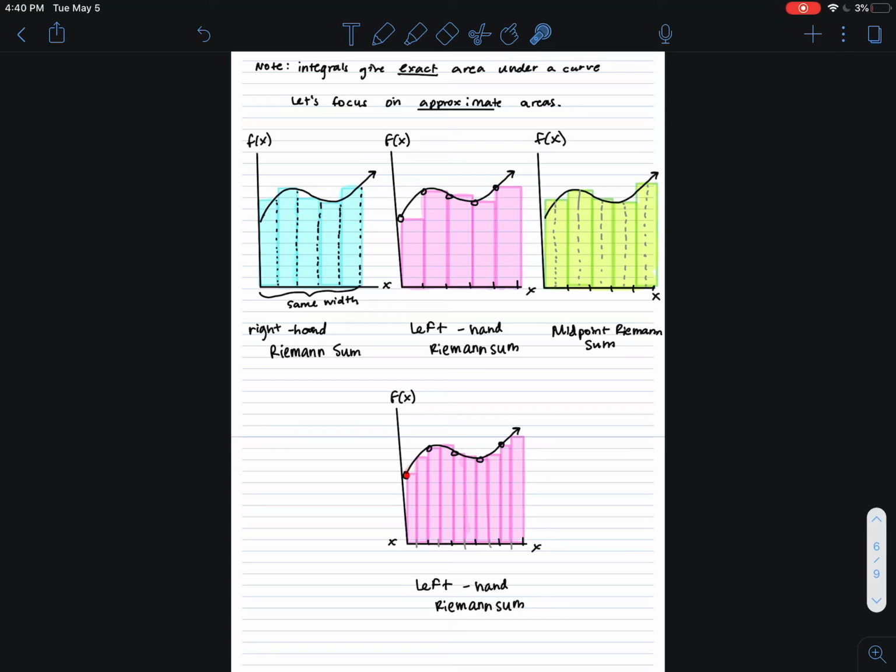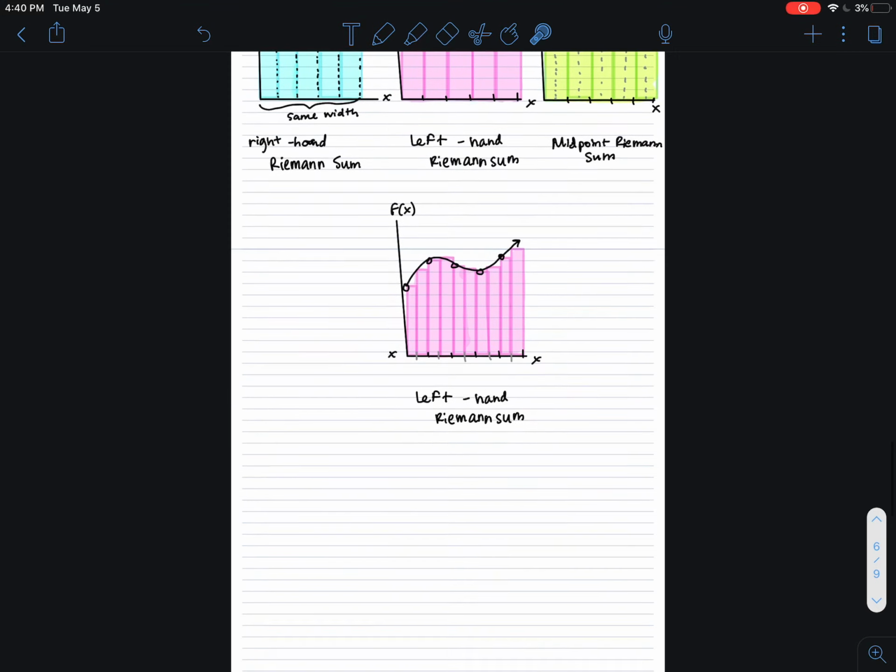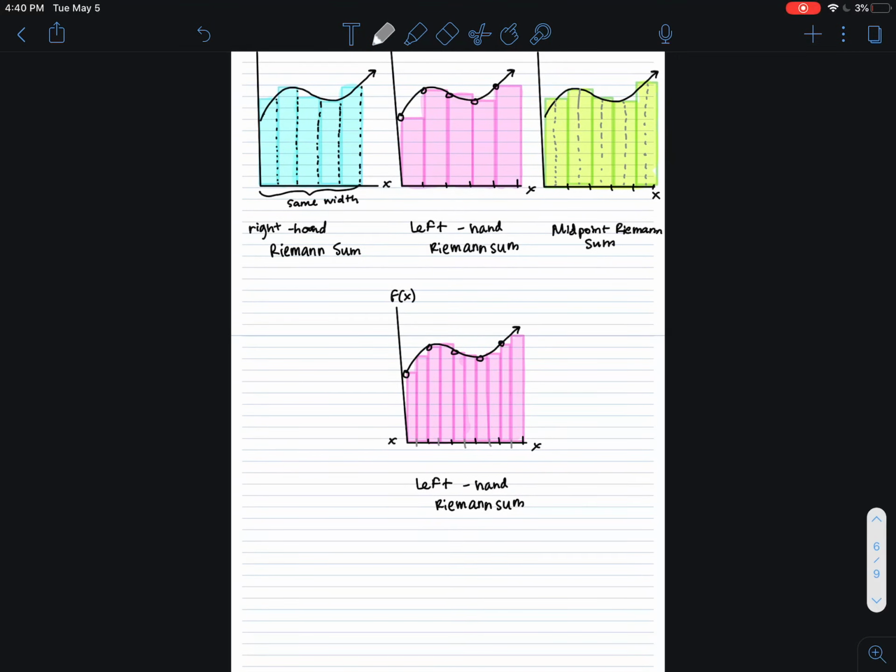And if we look down here, we have much smaller error. So from this, hopefully you guys can tell that more rectangles, which is the same as smaller widths, means less error, which means it's a better estimation.